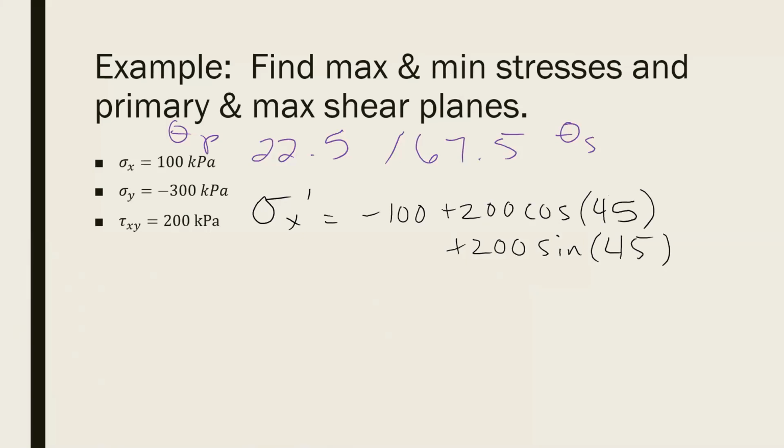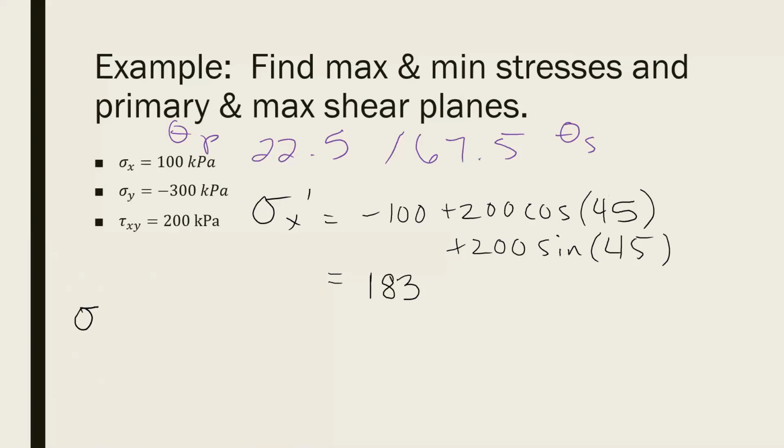Sine 45. Okay, what do you get for that? 182.84. We'll say 183. And it's positive?